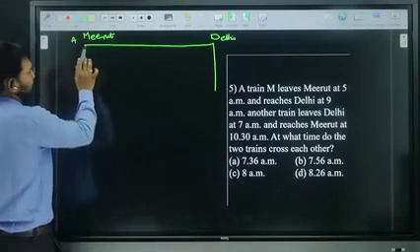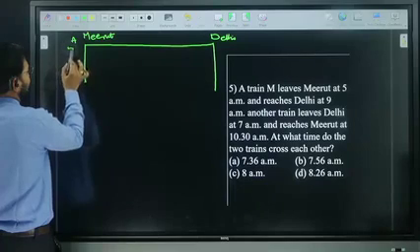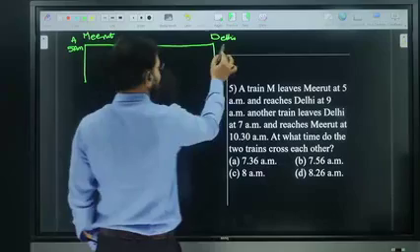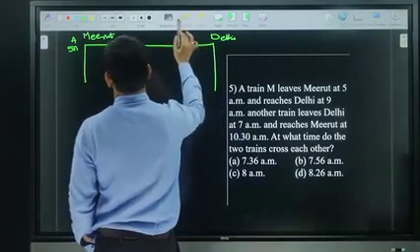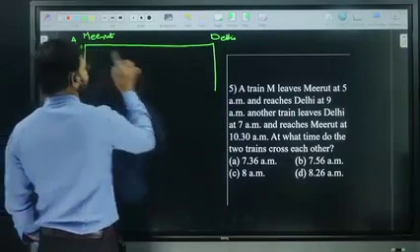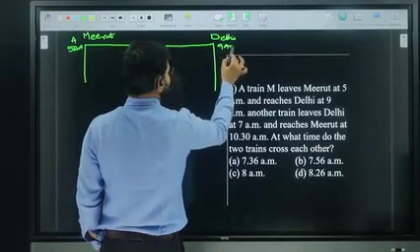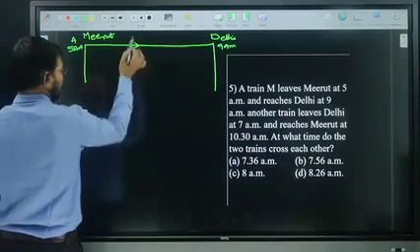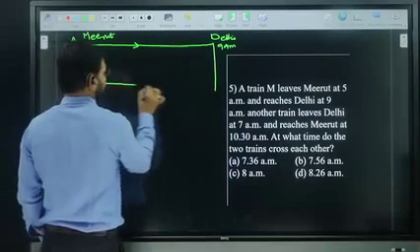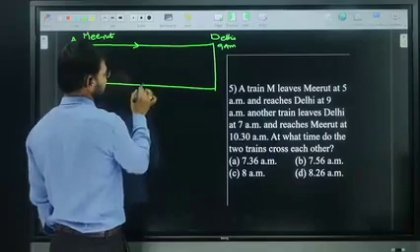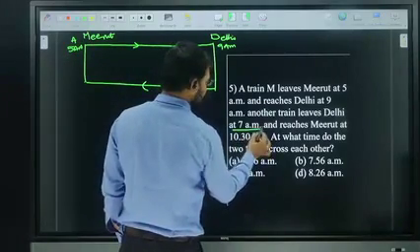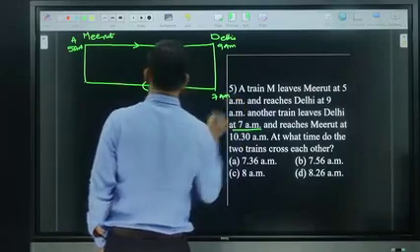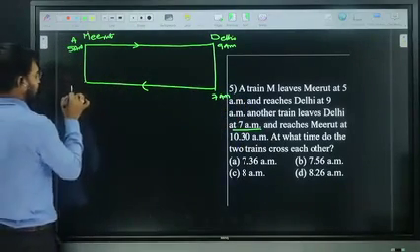A train leaves Meerut at 5 a.m. and reaches Delhi at 9 a.m. Another train leaves Delhi at 7 a.m. and meets Meerut at 10:30 a.m.